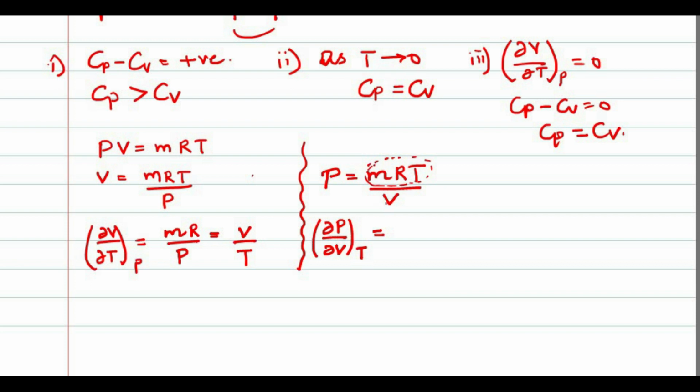Only the term which has to be differentiated is 1 by V. So mRT, if I differentiate 1 by V, I will be getting minus 1 by V square. So mRT by V square.